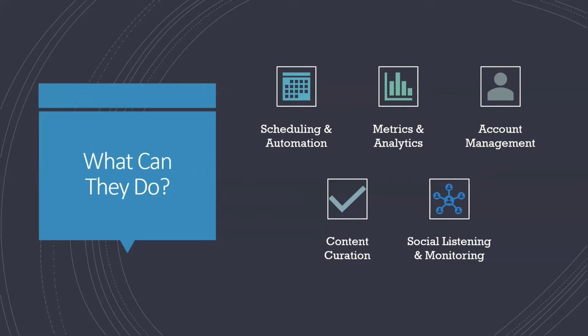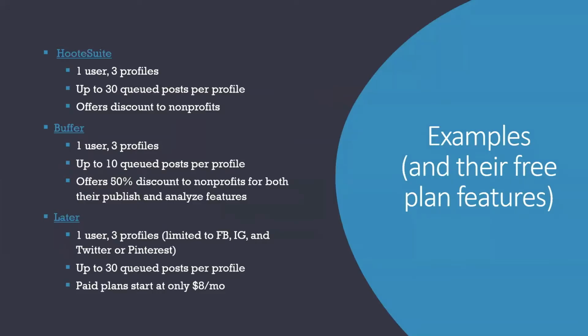and there are some programs that cover all aspects of these. So here are 3 examples that are typically really popular social media content managers for libraries. There's Hootsuite, which all 3 of these, by the way, your account comes with one user that can log in and it'll cover 3 social media profiles.